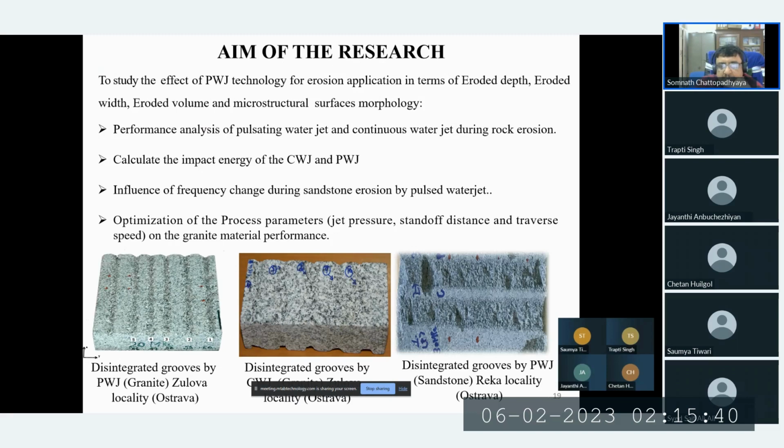The process parameters to optimize are jet pressure, standoff distance, traverse speed, along with the pulsation frequencies in the case of pulsating water jet. And the material is mainly rock, granite, because brittle material can also be disintegrated very easily by these pulsating water jets, which is very, very difficult to do otherwise.